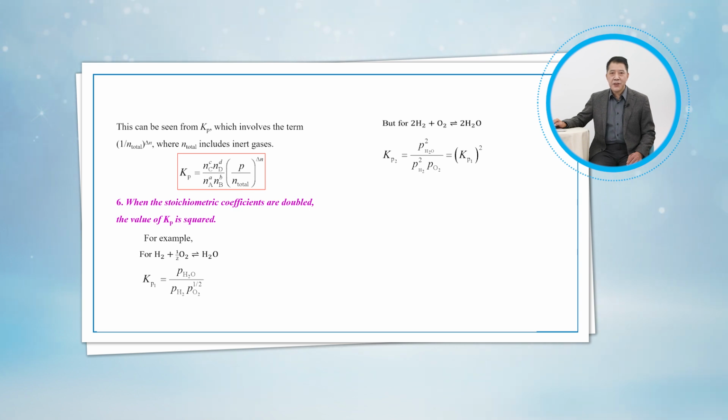Multiplying all the coefficients of a stoichiometric equation does not affect the mass balance, but it does affect the equilibrium constant calculations, since the stoichiometric coefficients appear as exponents of partial pressures in equation 1385.